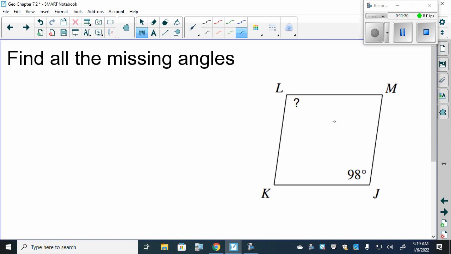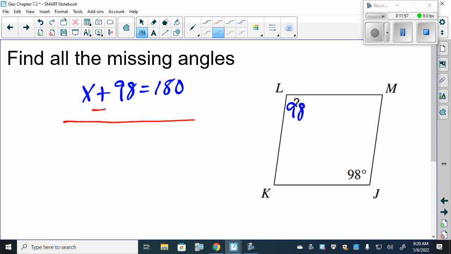Let's look at this one here. What is the measure of angle L? 98, because the opposite angles are congruent. Now let's go on and find the others. How can I find the measure of M or K? Because they add together to be 180, and then we would subtract 98 from both sides.